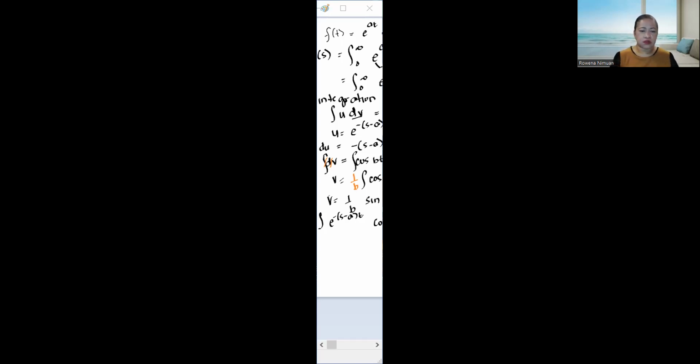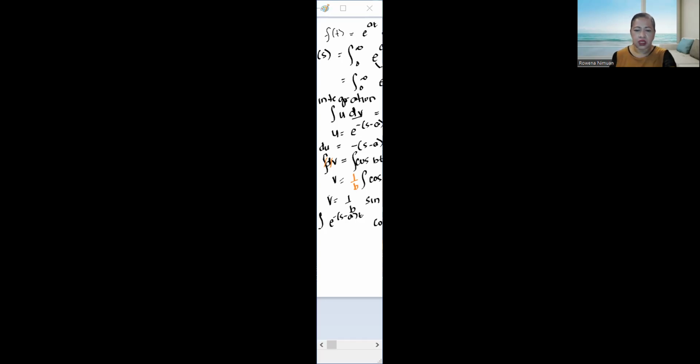But that is equivalent to the original function, e to the negative (s minus a)t cosine of bt dt, which is equal to s minus a over b squared, minus s minus a squared over b squared, the integral of e to the negative (s minus a)t cosine of bt dt.